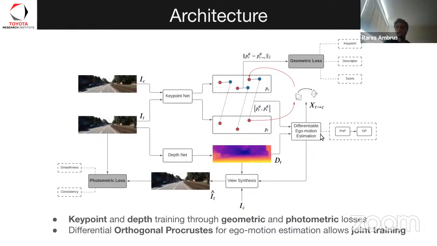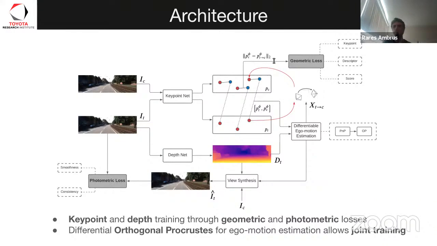Right, so given the context points in blue and the reprojected points from the target image in red, we impose an L2 loss, which aims at minimizing the reprojection error, as indicated by the geometric loss box on the slide. And simultaneously, we also use the estimated ego motion to synthesize the target image in the frame of reference of the context image, which allows us to induce a per pixel photometric loss.